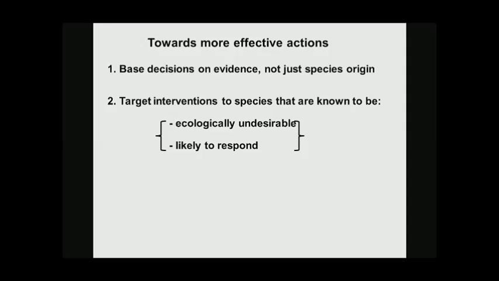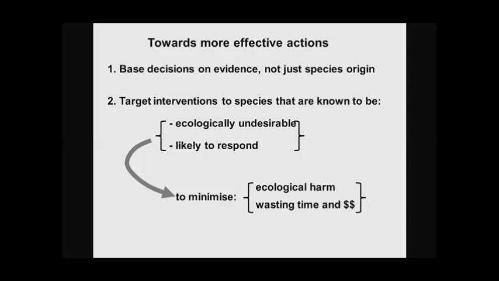So it's important to target actions to cases where they might have an effect. And so by doing that, we minimise ecological harm, and we also minimise a waste of time and money. But it does require evidence, which means research. If we don't have the evidence, then we simply should probably be saying, well, we don't know.